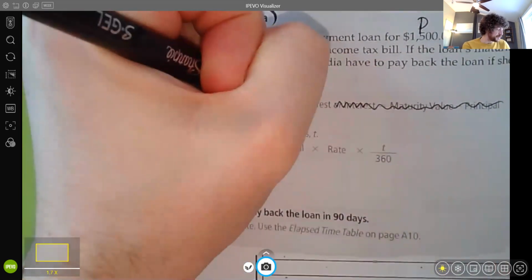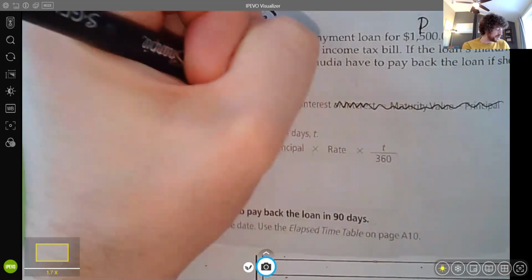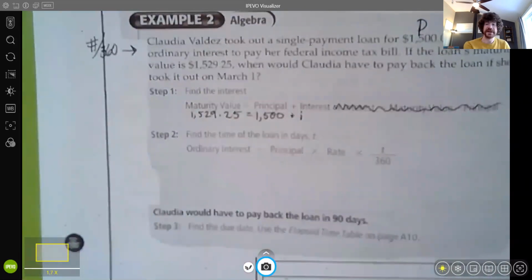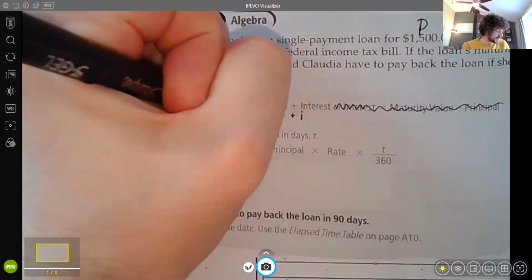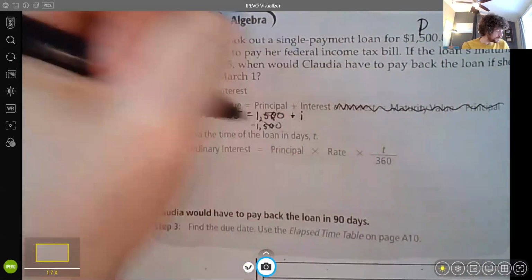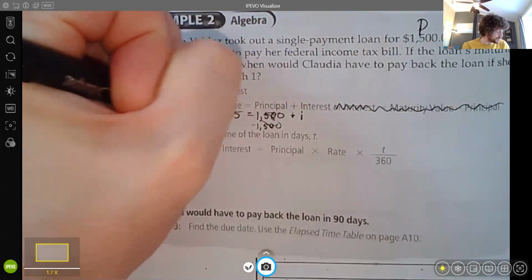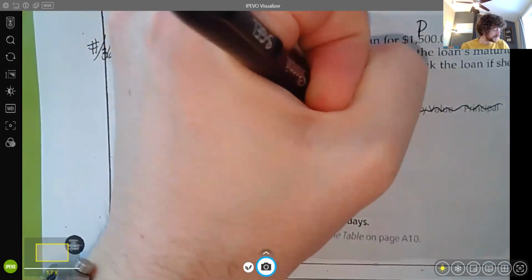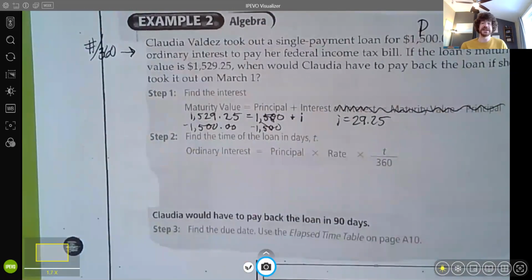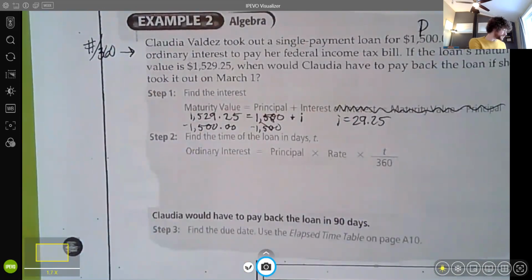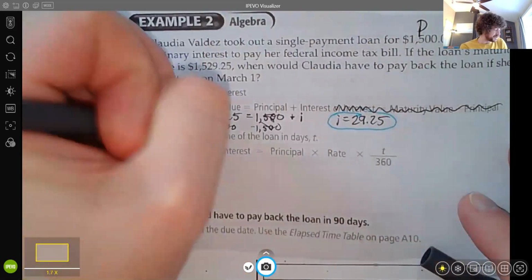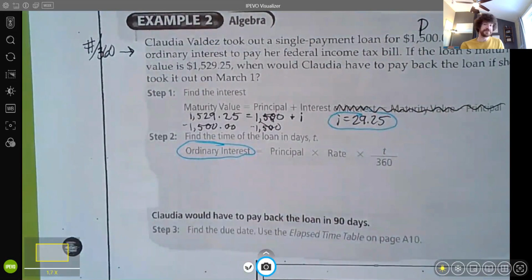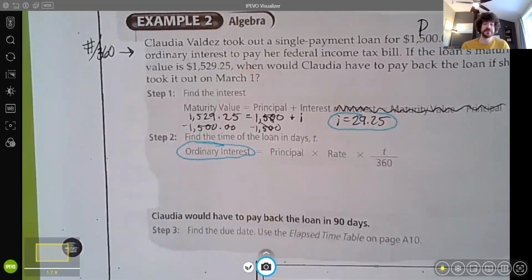And we know that we were dealing with ordinary interest here. We'll just call this lowercase I. And then we're going to subtract 1,500. And that'll give us interest equal to $29.25. So ordinary interest, $29.25 right there. That's the value that we have to plug in for our interest.